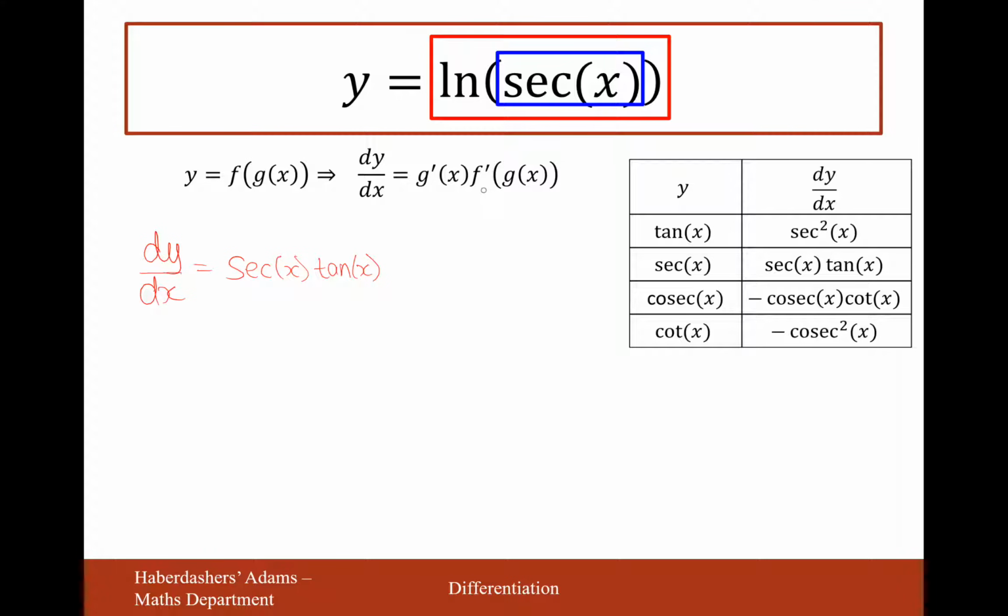And then the outside function next, the ln function, well, ln of x differentiates to 1 over x, but it's not going to be 1 over x, it's going to be 1 over sec in this case. 1 over sec. And we can see here that the sec and the sec will cancel out on top and bottom, so we're left just with tan. Okay. Moving on to the next one.